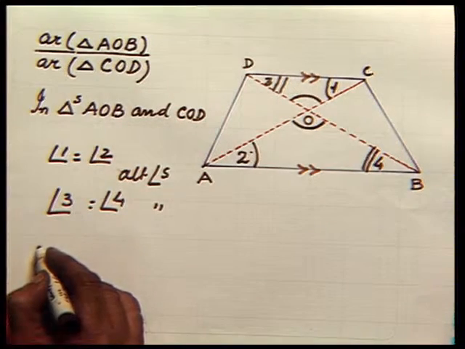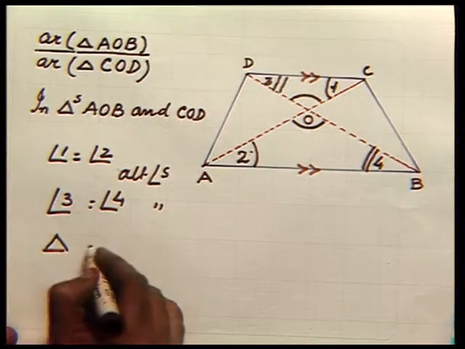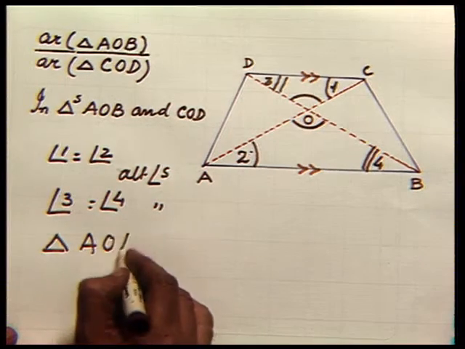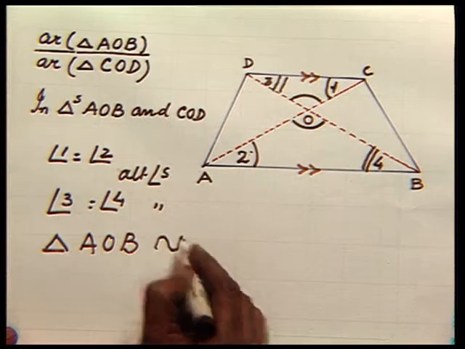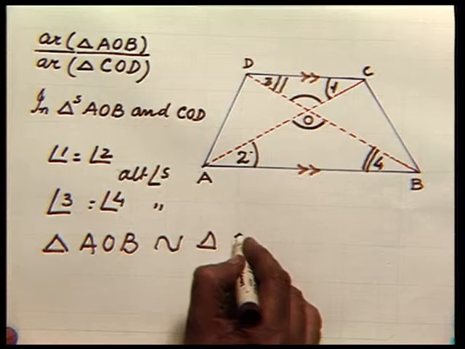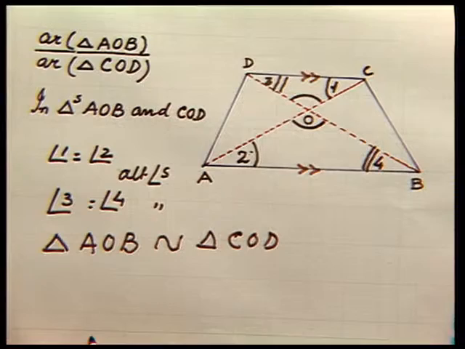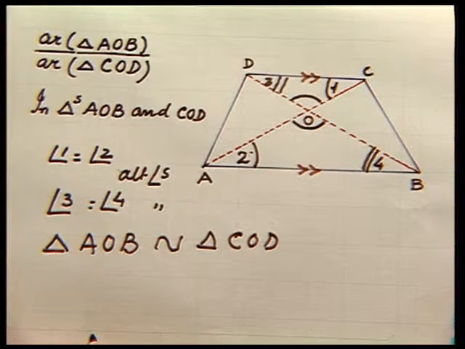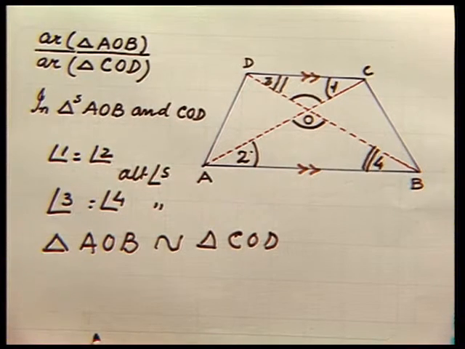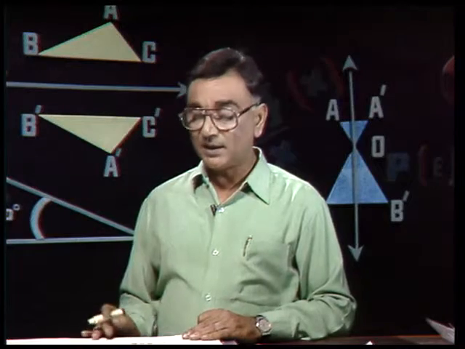So, we can say triangle AOB is similar to triangle COD. And when two triangles are similar, their corresponding sides will be proportional. Another property of similar triangles is that the ratio of their areas is equal to the ratio of the squares on the corresponding sides.